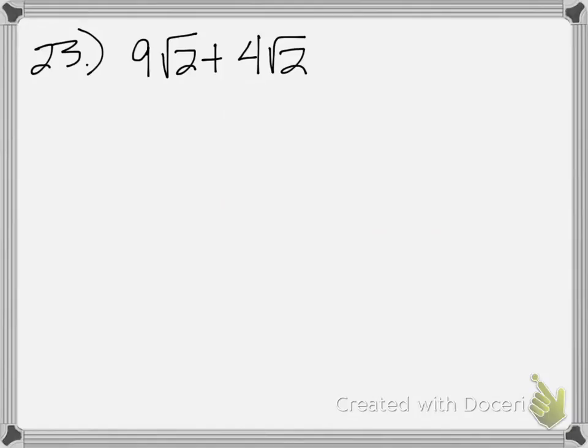And we put them together the same way. 9 plus 4 is 13, so I have 13 square root 2. So they work just like variables. You just add their coefficients together. And that would work for subtraction as well, of course.